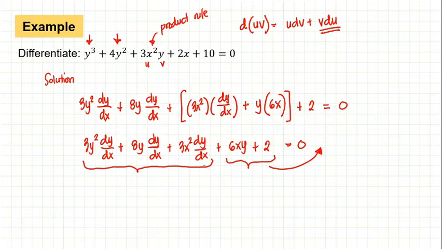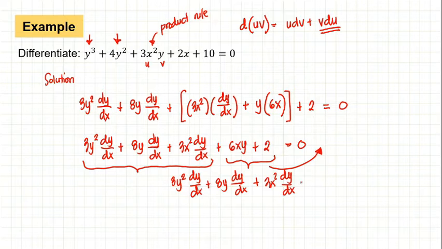So we will now have 3y squared dy over dx plus 8y dy over dx plus 3x squared dy over dx equal to, from positive 6xy, magiging negative 6xy siya.